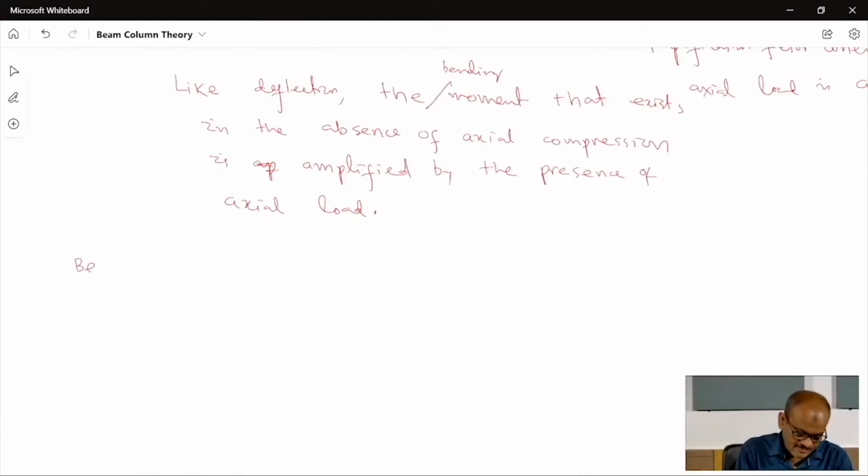Beam column with distributed lateral load.